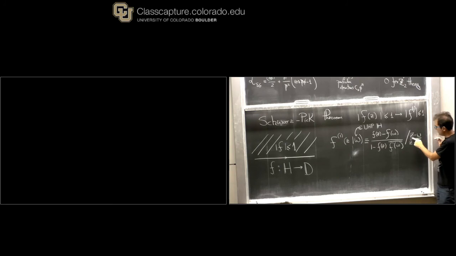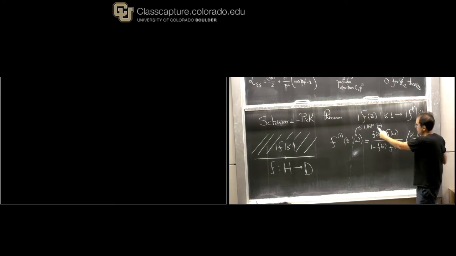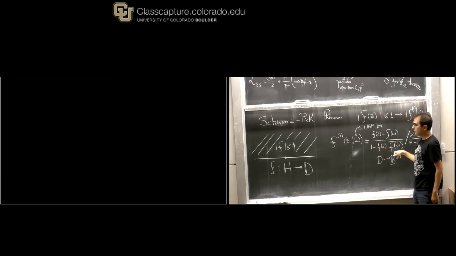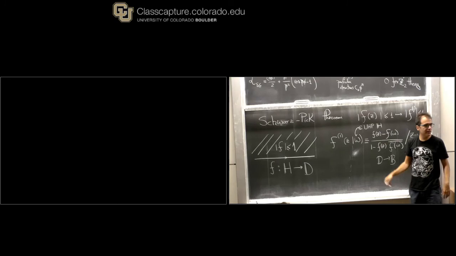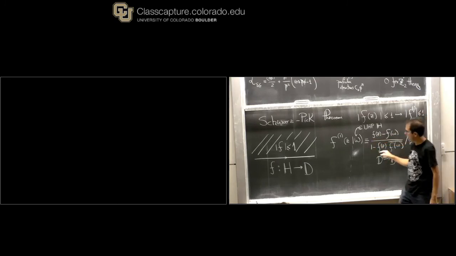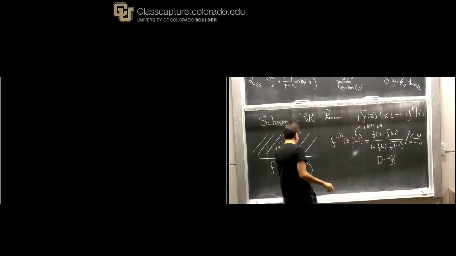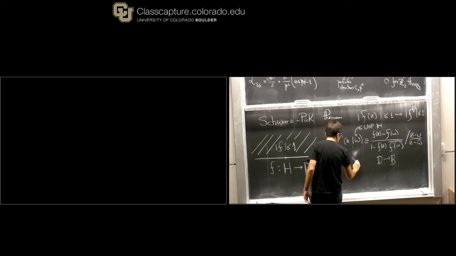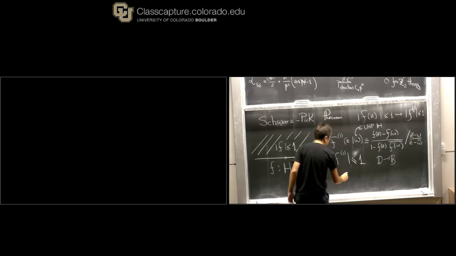At the boundary, z is real, so I have real minus w over real minus w bar. This has absolute value 1. And this is what's called a Mobius transformation, which is a transformation from disk to disk. If f is in the disk, and f bar of w is a parameter inside the disk, this is a Mobius transformation from disk to disk. So this full function is also of the form upper half plane to disk. And this function f1 is indeed smaller or equal than 1 everywhere.